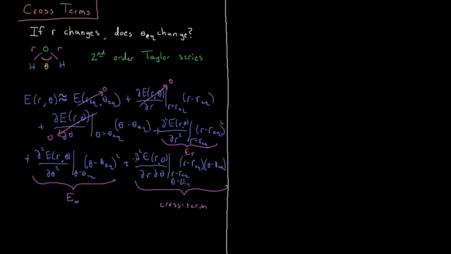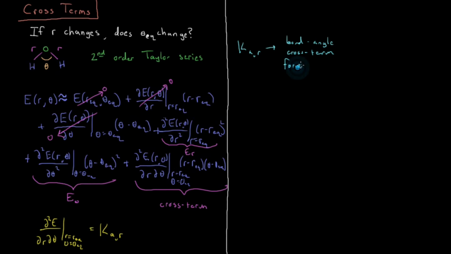So this term here, this second derivative of E with respect to R and with respect to theta, that's what we would call, for example here, we'd say the second derivative of E with respect to R with respect to theta, evaluated at each of them equaling their equilibrium value, is equal to K A R. So I would say that K A R is a bond-angle cross term spring constant or force constant.